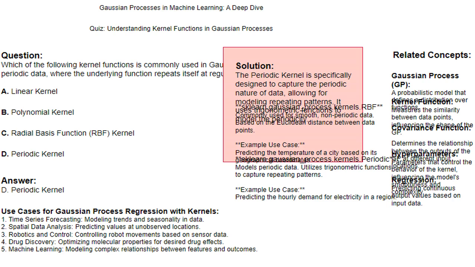Regression is a type of statistical analysis that focuses on predicting continuous output values based on input data. Gaussian process regression is a powerful approach to regression, allowing us to model the uncertainty in our predictions and make them more robust. Regression problems are ubiquitous in various fields.